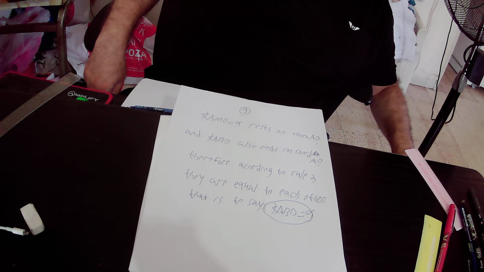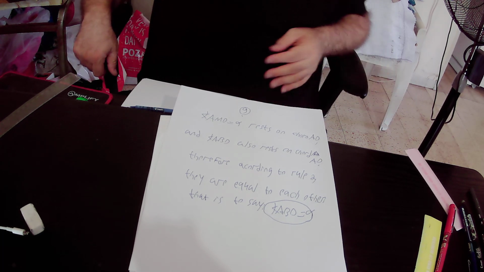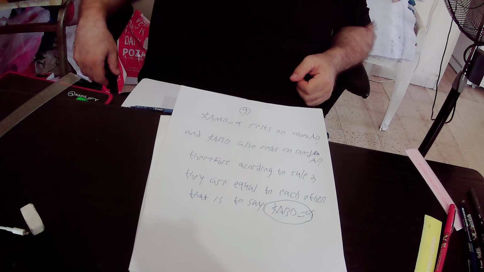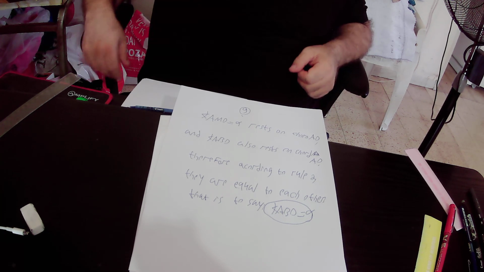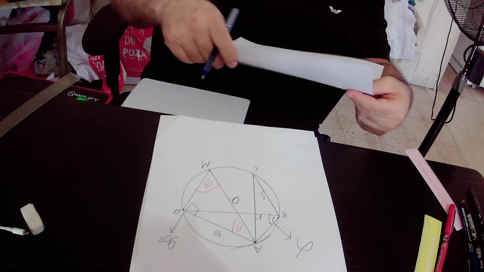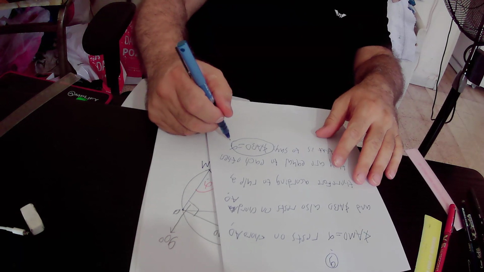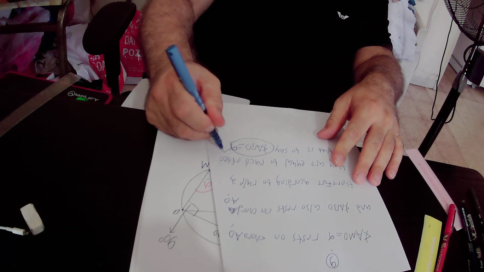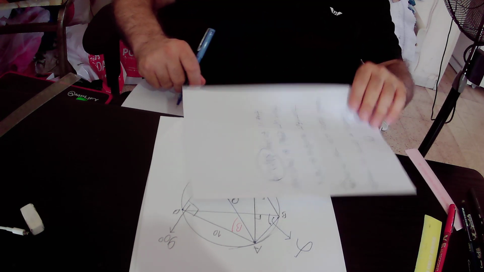Therefore, according to rule number 2, which states that if two angles rest on the same chord, they are equal to each other, angle ABD also equals alpha. Okay?